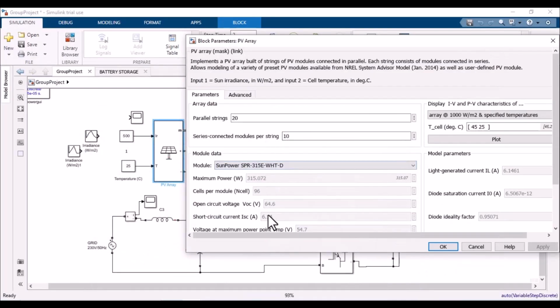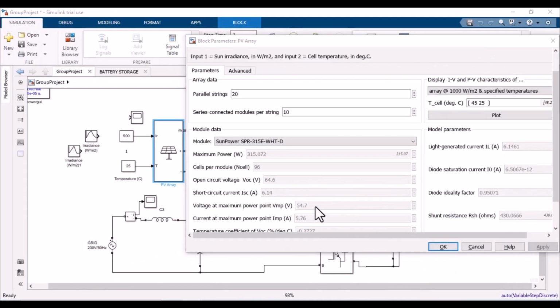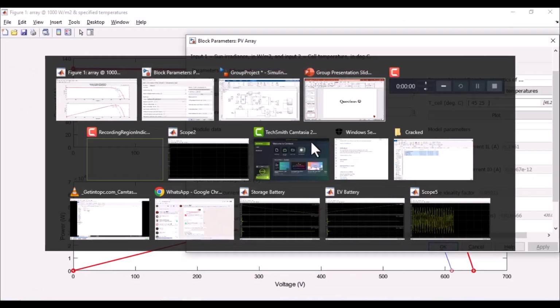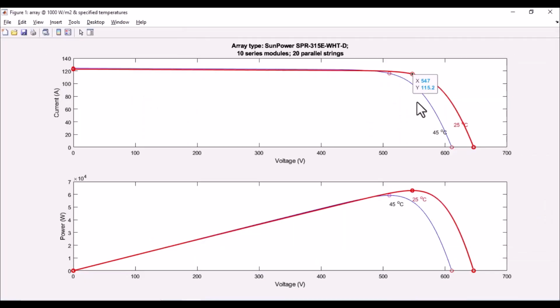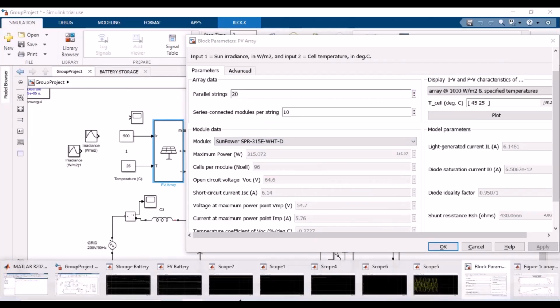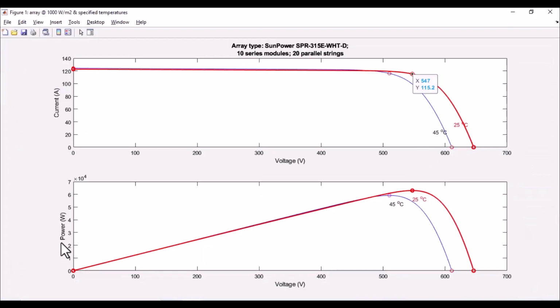If you look at the voltage at maximum power point, it shows 54.7, and for 10 panels, 10 will be multiplied by this single voltage, and it will show 547. Sorry, the voltage will be added when the panels are connected in series, and for parallel panels, the current will increase.